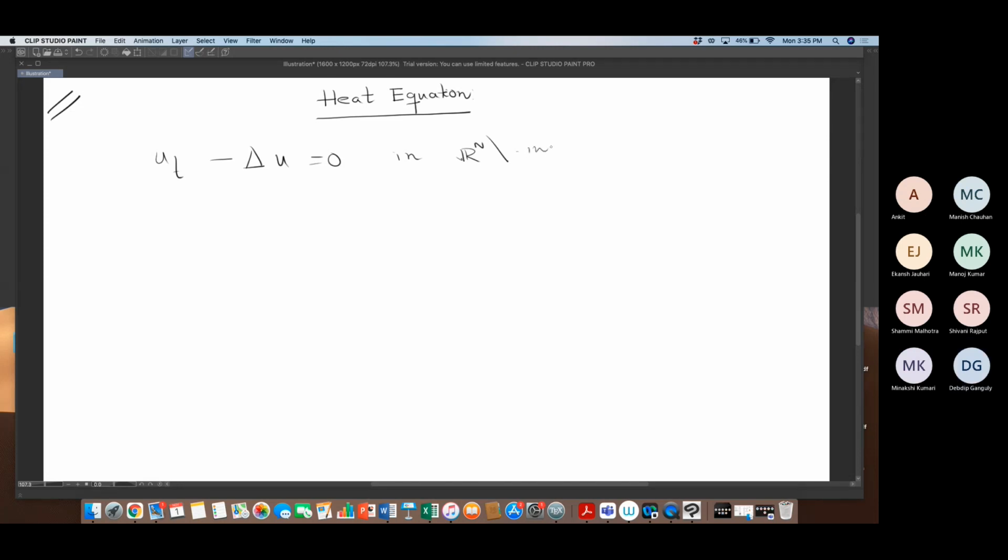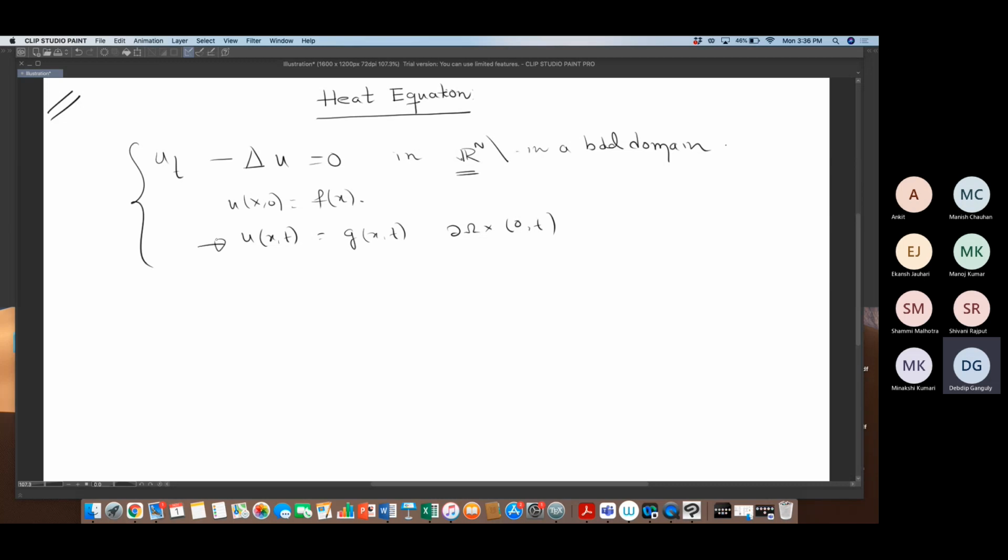The initial condition u(x,0) is given by f(x) if it is R^n, and the boundary condition g(x,t) on the boundary cross (0,T) if it's a bounded domain. This condition arises only if it's a bounded domain. This we are doing, right?